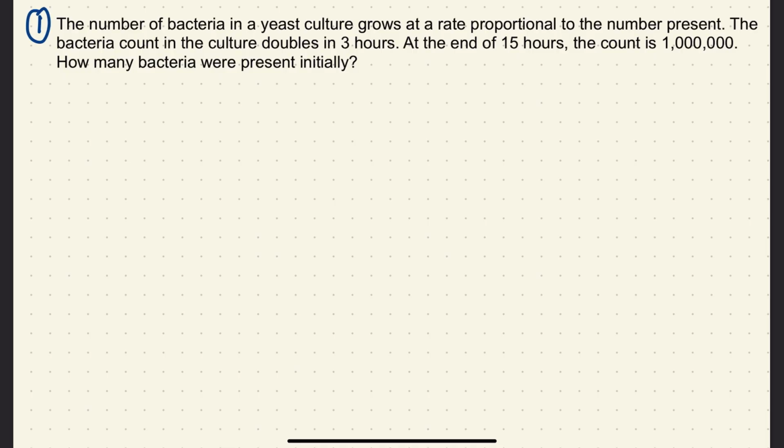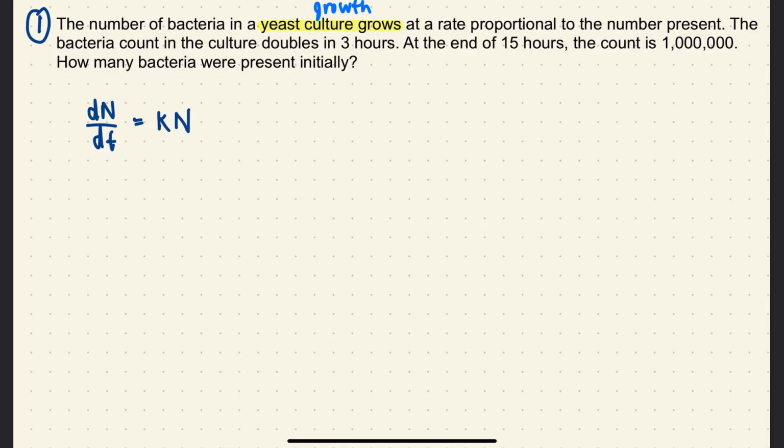Okay. So it says there, the operating word that was used was the yeast culture grows. So we can say at this point, this is a growth problem. So therefore, we will use the equation dn over dt is equal to a constant of proportionality times n, where we have positive dn over dt because it's growth.